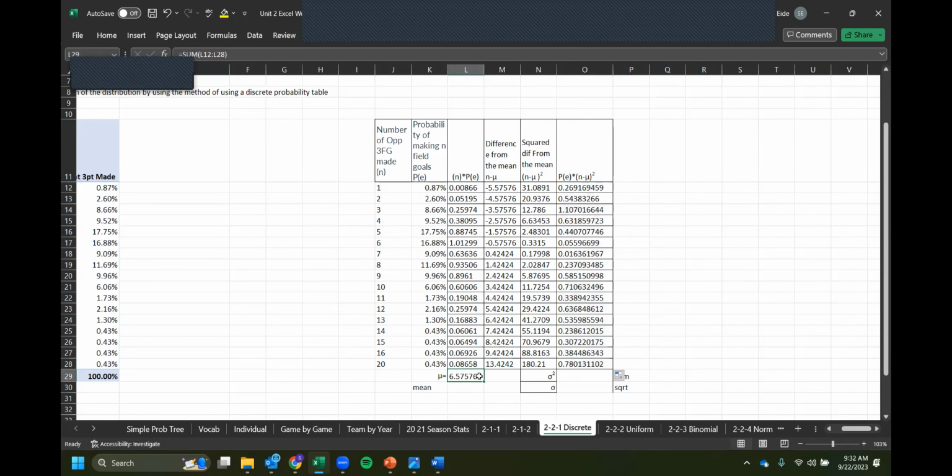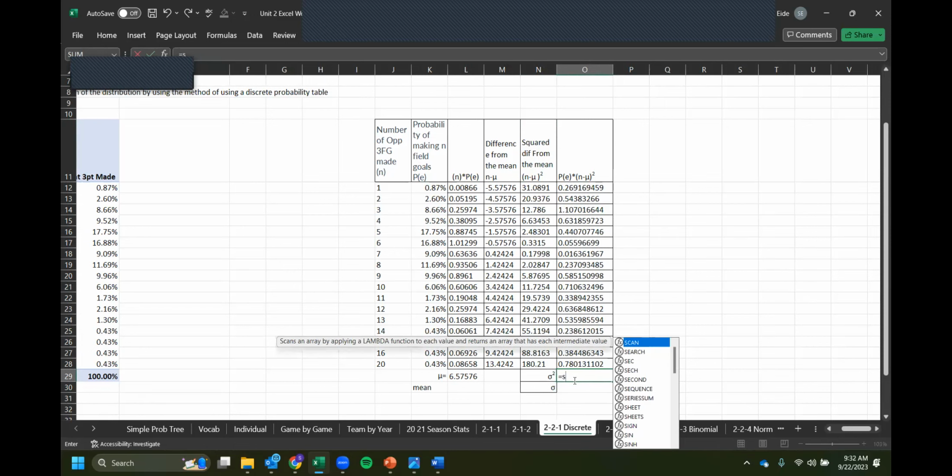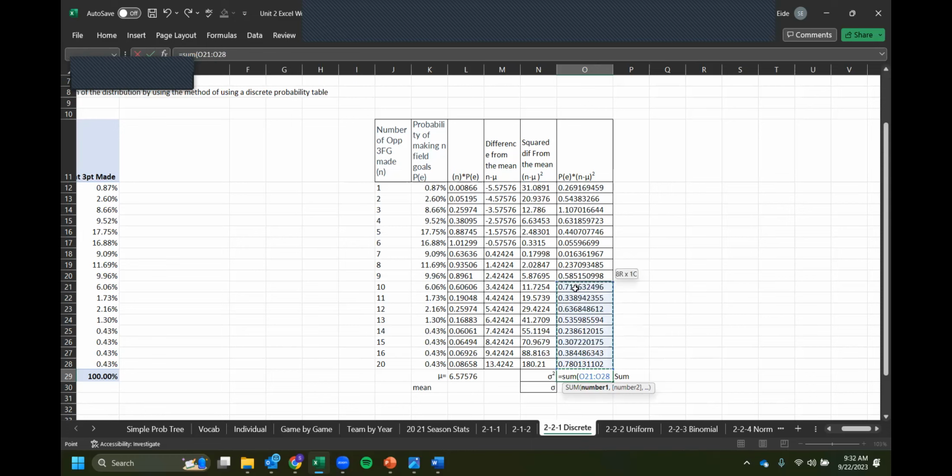Okay. And just like before, all that we're going to do is add them all up together. So equals sum. And what does this give us right here? Any guesses? No guesses at all? I'll give you a hint. The symbol is right there.